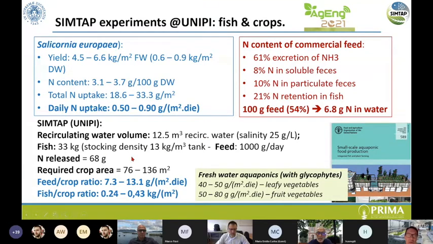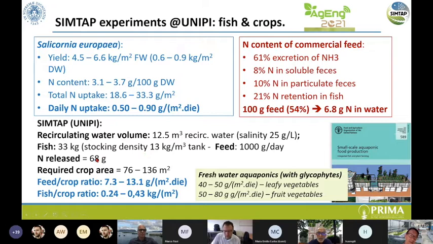In our system, we now have around 33 kilos of sea bream. That is a stocking density of 13 kilos per cubic meter in each tank, and we are feeding a kilo per day.